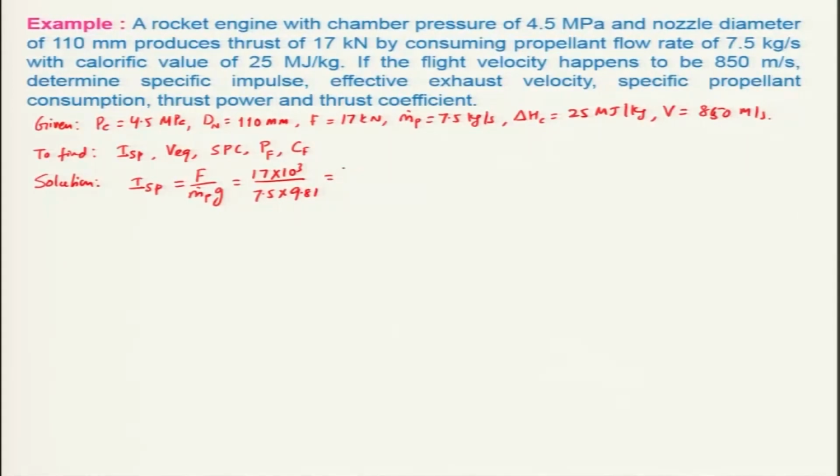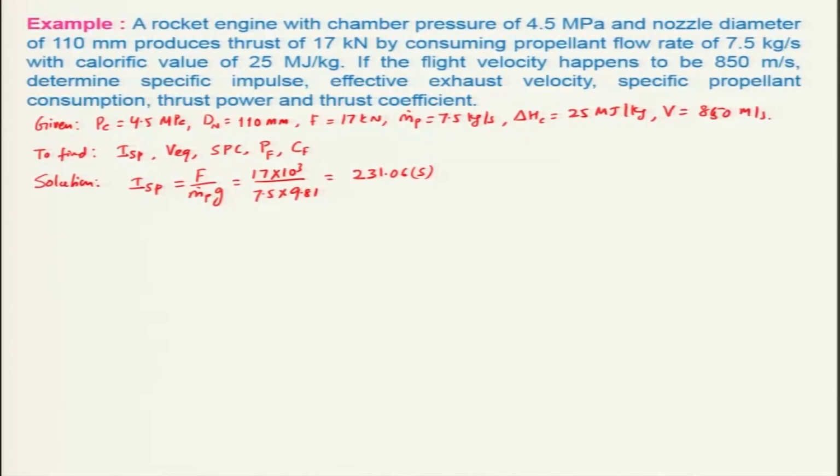So, we are getting something around 231.06 seconds, and keep in mind this unit is second. That is the beauty of the specific impulse, that in all systems it is the same.